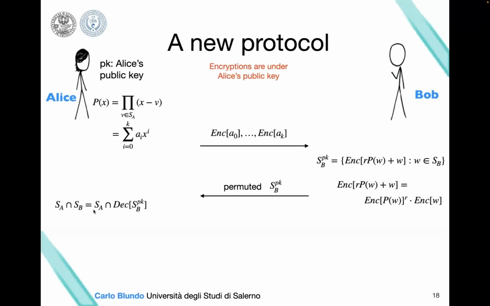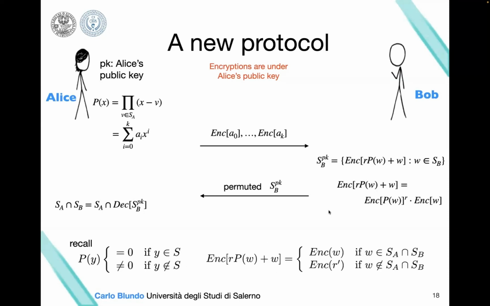Bob sends back this evaluation to Alice in a permuted way. At this point, Alice can compute the intersection simply by intersecting the set SA and the decryption of the set received from Bob. Let's see why. We have to recall that the polynomial evaluated in Y is 0 if Y belongs to the set, and different from 0 if Y does not belong to the set. So the encryptions sent by Bob are equal to the encryption of W if W belongs to the intersection, since this part goes to 0 and only W is left.